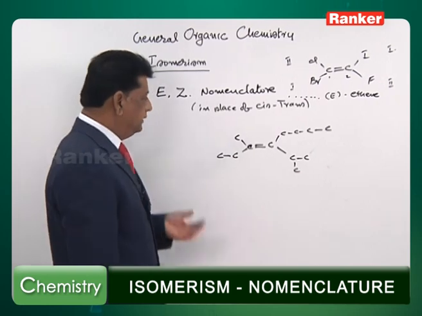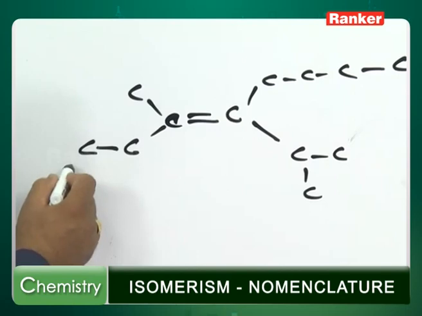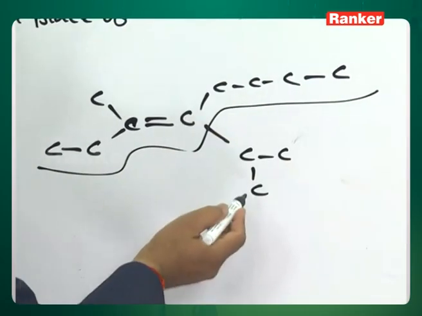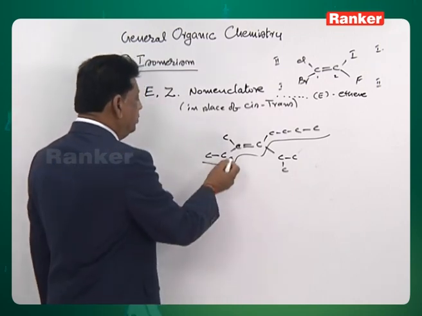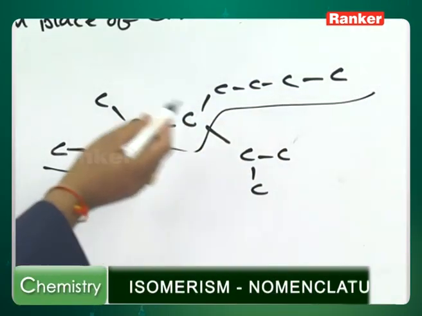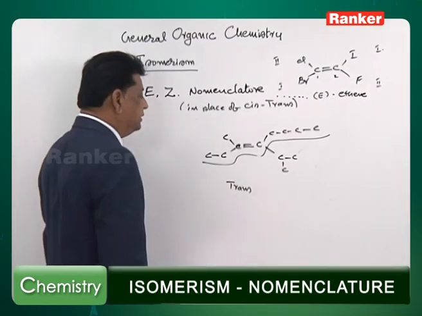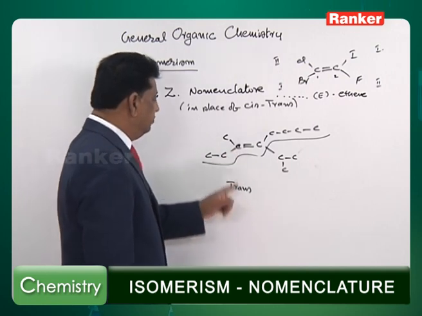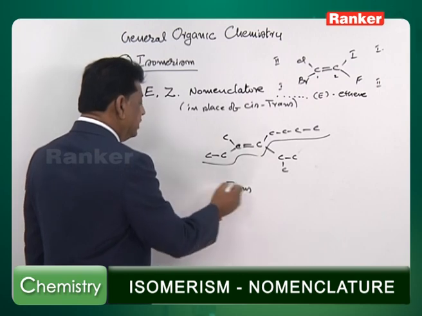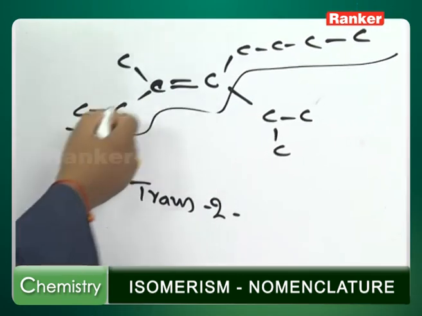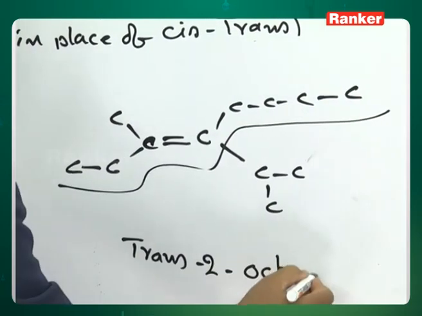That is the old method, the cis-trans nomenclature. In the old method, this is the main chain, that is, instead of propyl we take butyl as the main chain, and these two groups are considered the bigger groups, therefore I call it the trans compound. At the second carbon we have trans, therefore it is trans-2-octene.